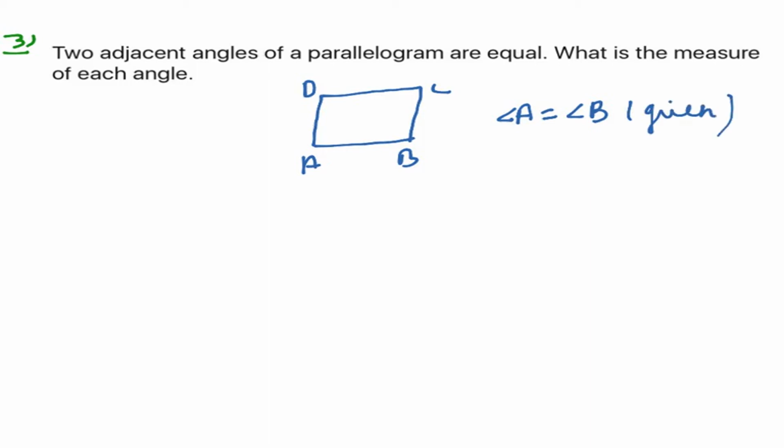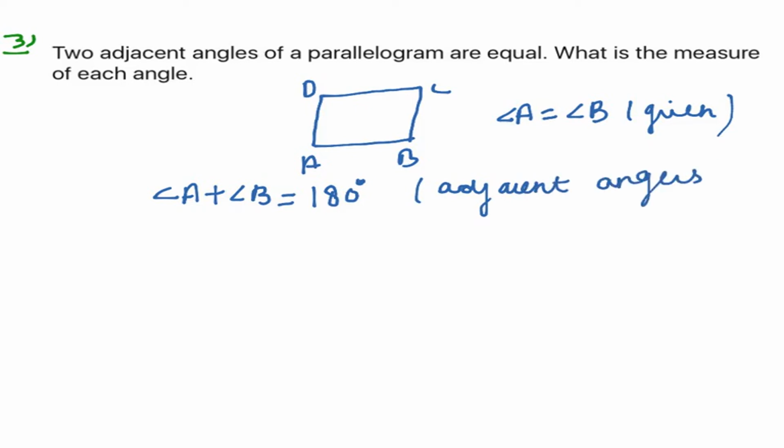Now we know the property of the parallelogram: angle A plus angle B, being adjacent angles, will be equal to 180 degrees, right? So this is the property that we already know. Now they have given angle B equal to angle A, so we can put the value of angle B as angle A, that will be equal to 180 degrees.